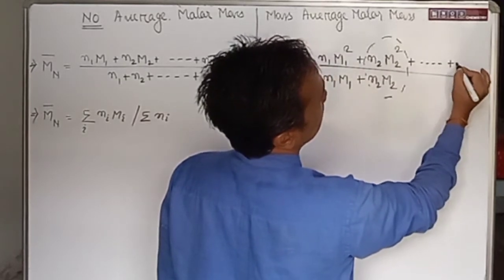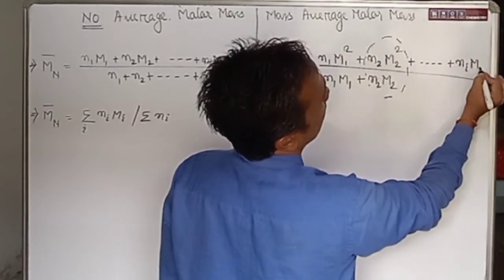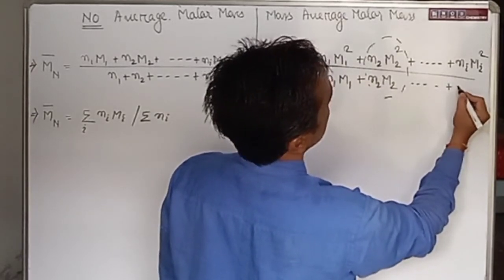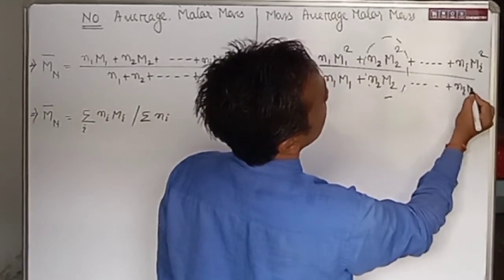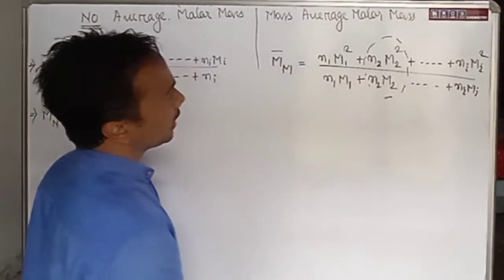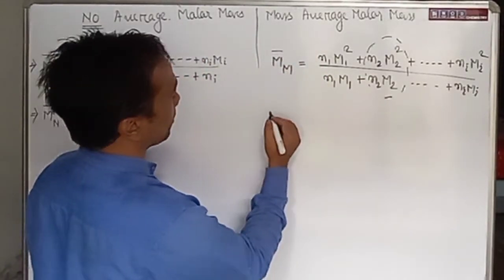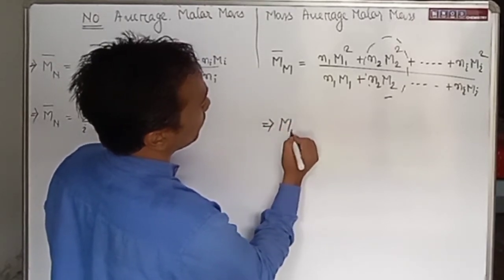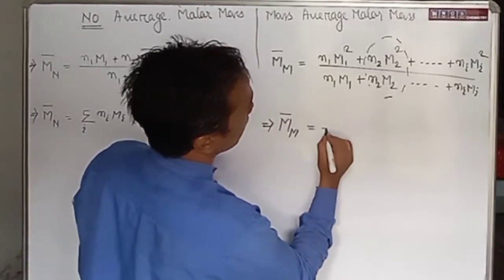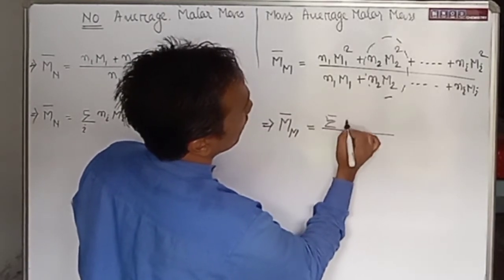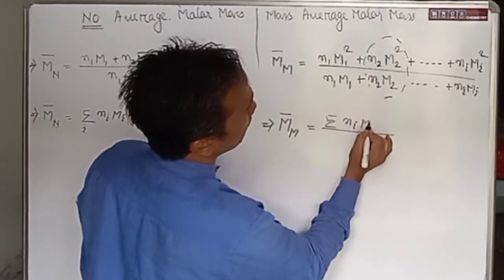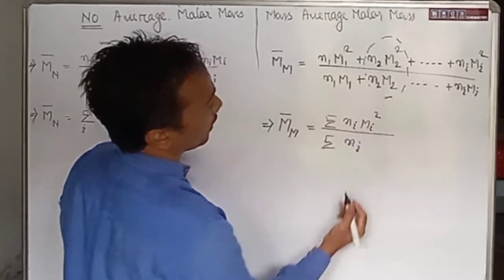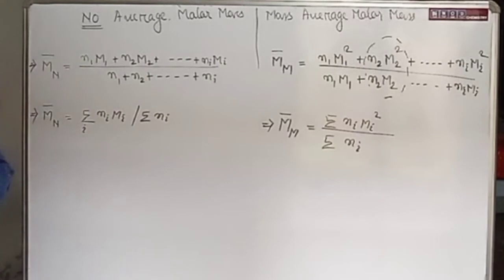This is the way to remember it, up to ni Mi squared. This is the way to express the mass average molar mass. To simplify, M w bar is equal to the summation of n i M i squared divided by the summation of n i M i.